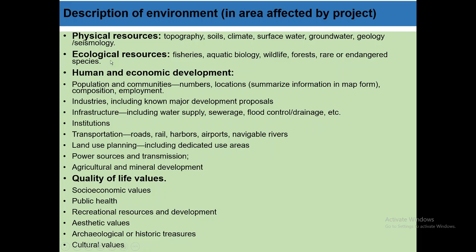Physical resources, ecological resources, human and economic development, and infrastructure, industry, institutions, transport, land use, planning, and so all these things are with reference to the ecological impact, social impact, and environmental. So quality of life, how it is going to be affected if the project is executed.